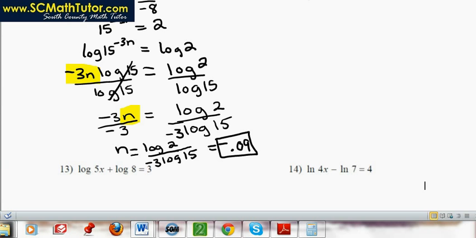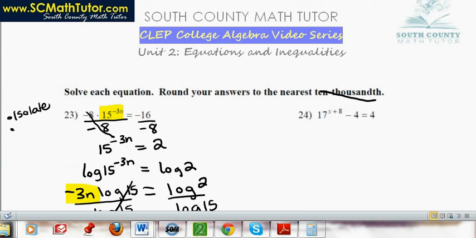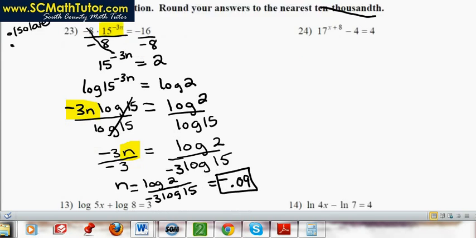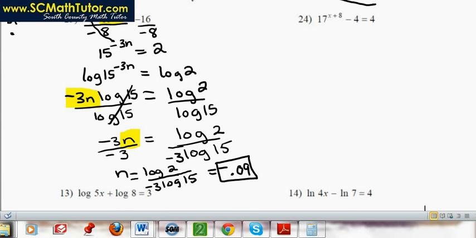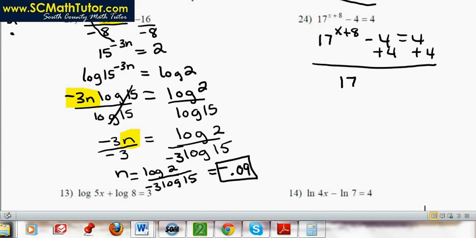Okay, so let's go ahead and do the next one, number 24. Again, if you can isolate, you isolate. So 17 to the x plus 8, minus 4 equals 4. Add 4 to both sides, so 17 to the x plus 8 is equal to 8.